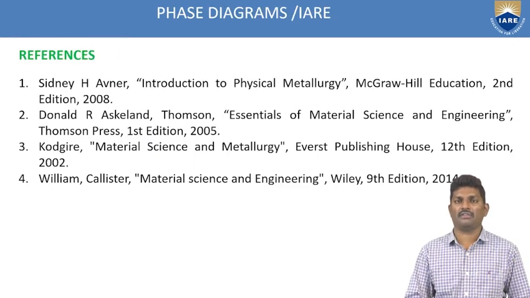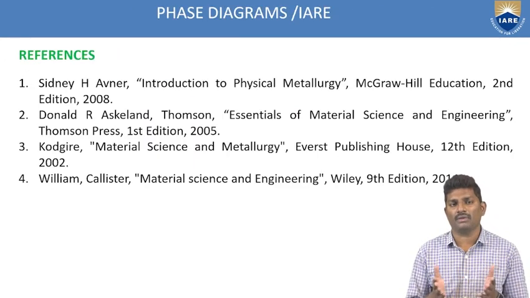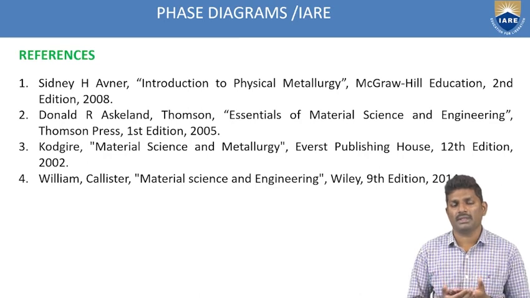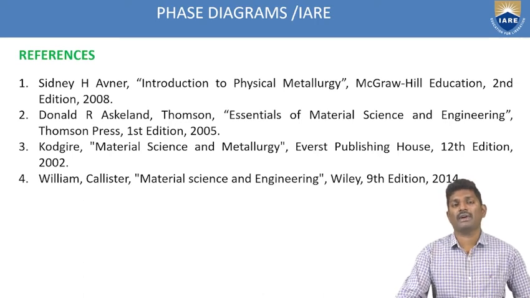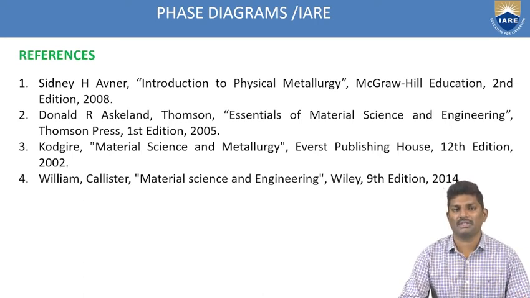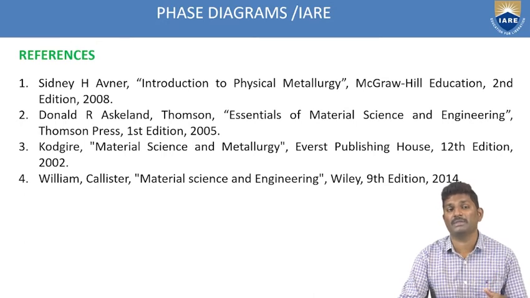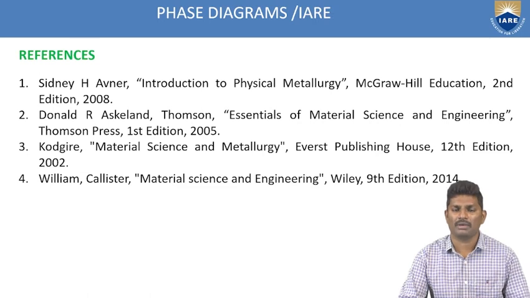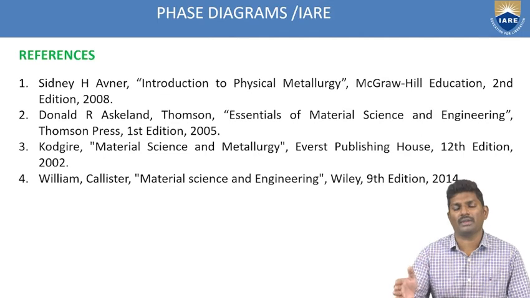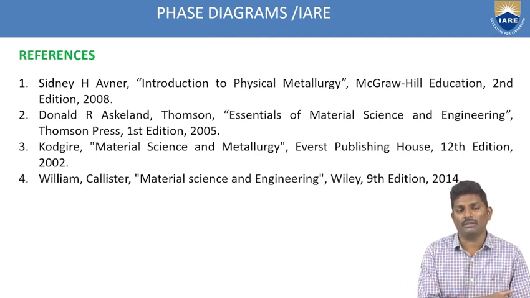And these are some of the references where you can learn the Gibbs phase rule, how to know the number of phases present in any given phase diagram, how to identify the components and the external parameters that can be changed, and also the three reactions involved in the iron carbide diagram, and at what point you reach cementite, the carbide, when it converts from one phase to another.